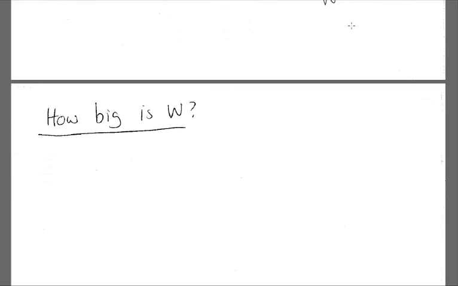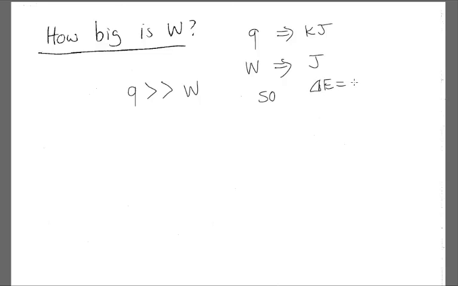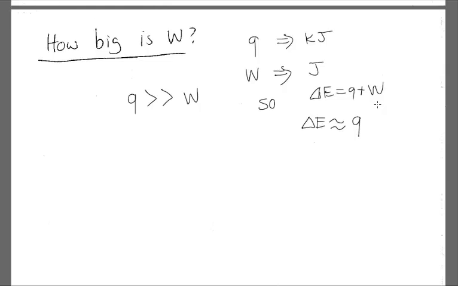Okay, well, how big is this work term? How significant is it? You may have noticed from the example I already did that Q was given in kilojoules, whereas W, the work term, was only given in joules, and this is typical. Q is usually much larger than W. So essentially, remember that delta E equals Q plus W, so if Q is much larger than W, then delta E is fairly close to just equaling Q. It's not exact, and we just talked about cases where work is important and where it's not.